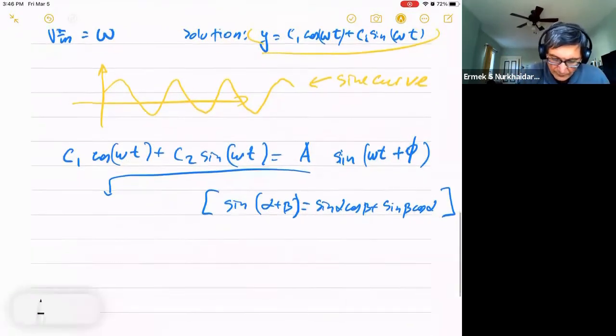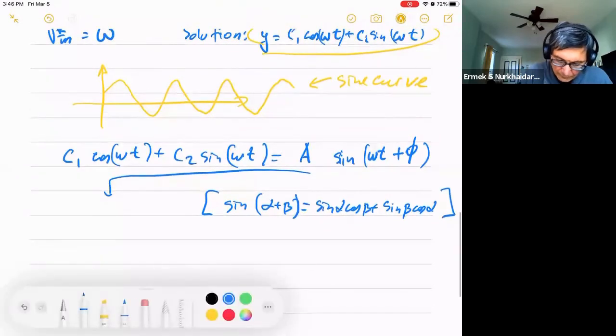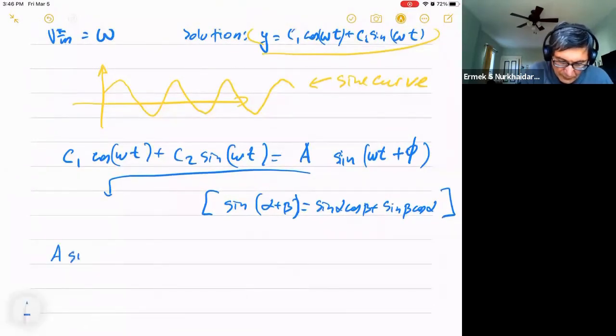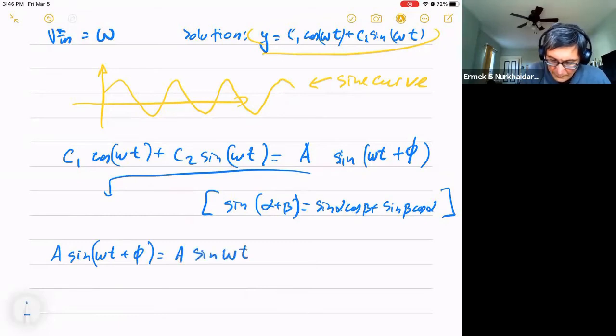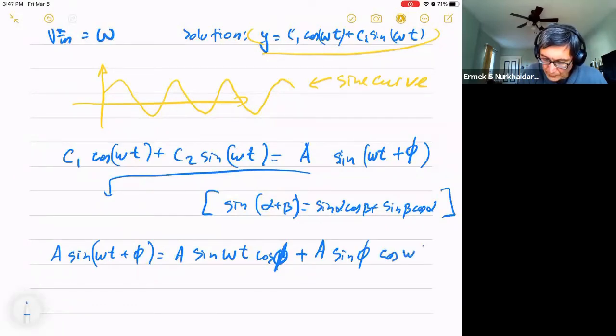So we're going to rewrite A sine of omega t plus phi as A sine of omega t cosine of phi plus A sine of phi cosine of omega t.